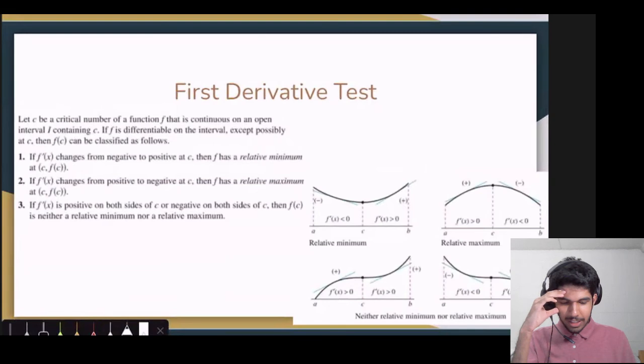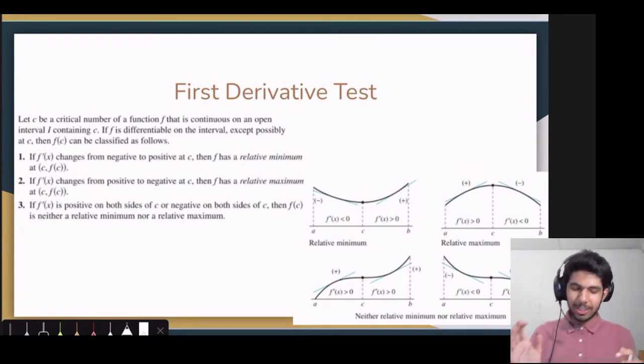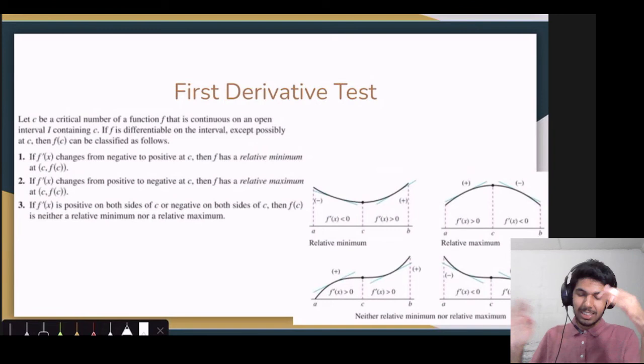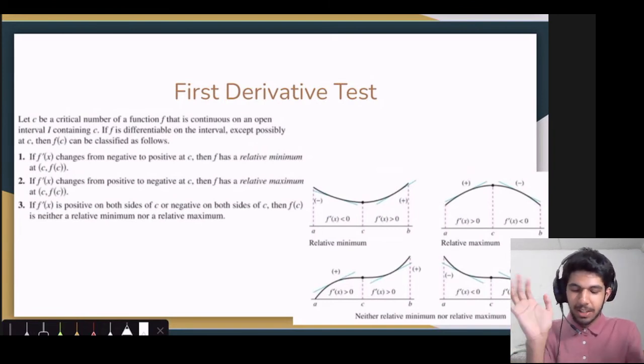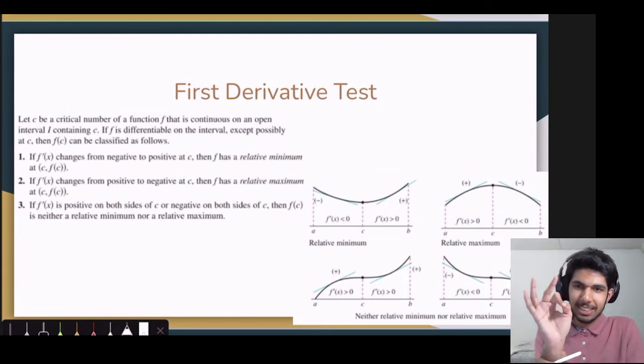So now we introduce the first derivative test. So again, we have to go through what we're assuming that we have. So c is a critical number of a function. f is continuous and differentiable on an interval. The interval contains c. And rather, f is differentiable on the interval, except perhaps not at c. So there's one exception.